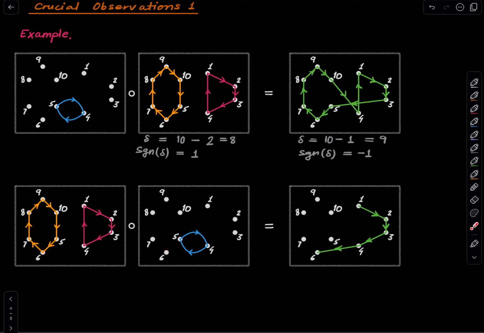So what you'll get is 6 going to 7, 7 going to 8, 8 going to 9, 9 to 10. But what about 10? Well, 10 also goes to 5, just check. But 5 is interesting because 5 goes to 4 under the first one, 4 goes to 1. So what we will get is this big cycle.